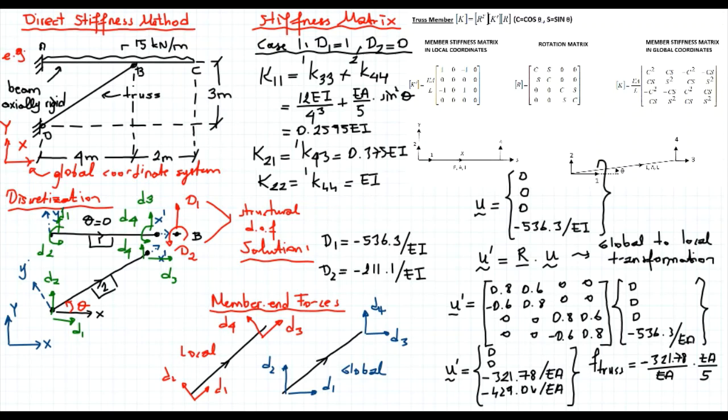So the thrust force is equal to minus 64.36 kilonewtons. That's the axial force on the truss. So that's another way of obtaining the member forces. You can of course always determine d3 and d4 by using the geometry or trigonometry, but instead we just use our derivation, and this type of transformation will always work.